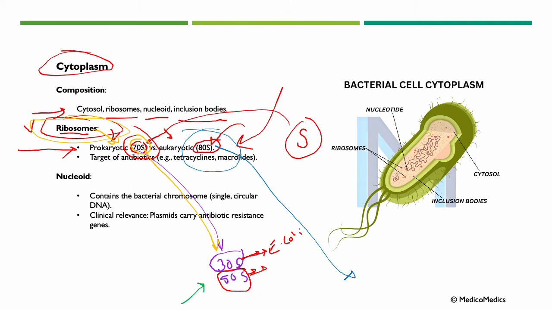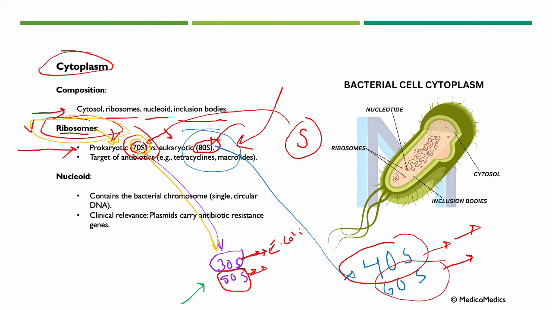The 80S ribosomes in eukaryotes are larger than in prokaryotes, and their small subunit is 40S, and their large subunit is 60S. Similar to the prokaryotes, the 40S subunit is what binds to the messenger RNA to read the code, and the 60S subunit forms the site for protein elongation.